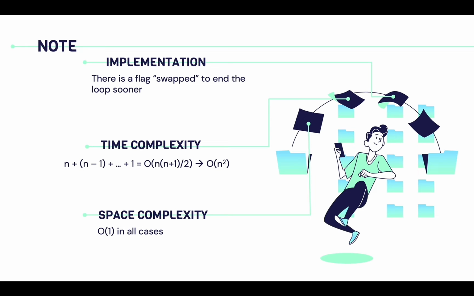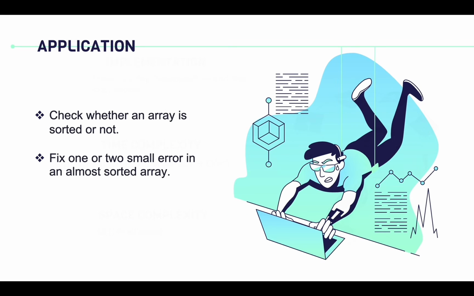With this flag, we can end the loop sooner if it returns false, which means that at that time the array has been sorted. And the worst time complexity of bubble sort is O(n squared), and the space complexity of it is O(1) in all cases.